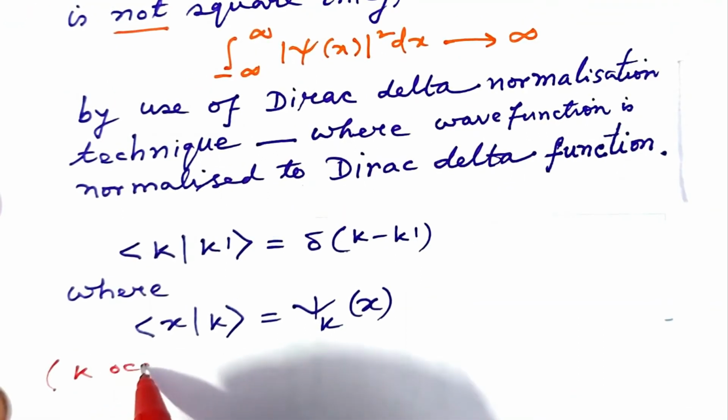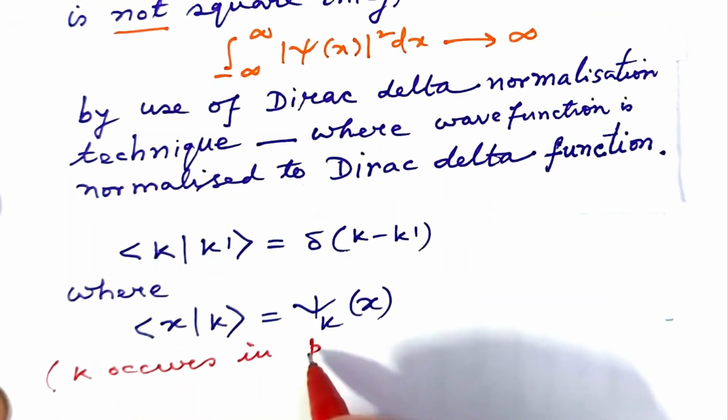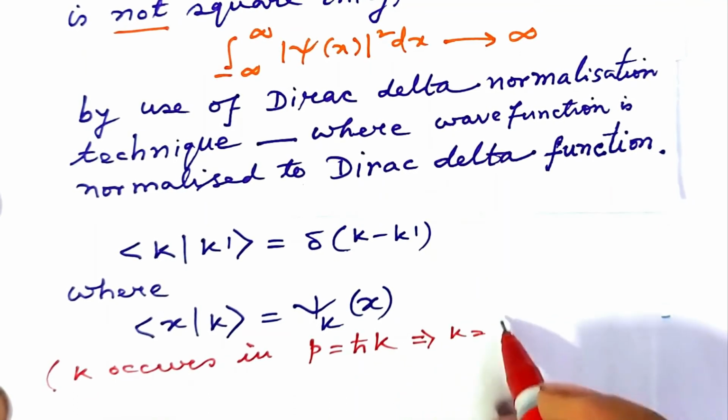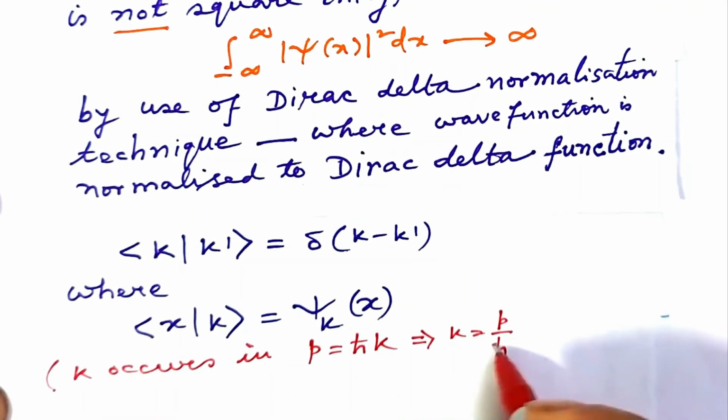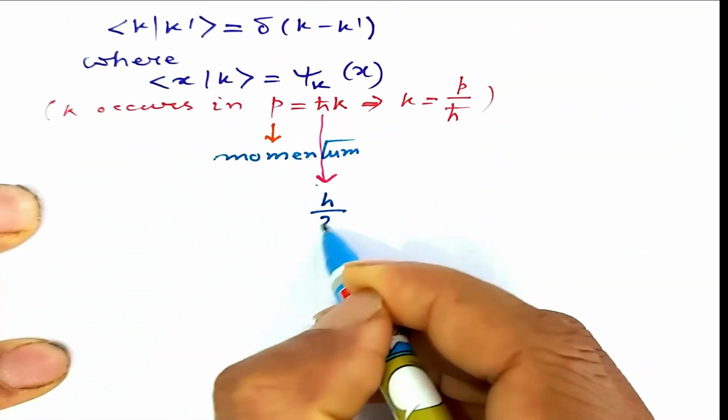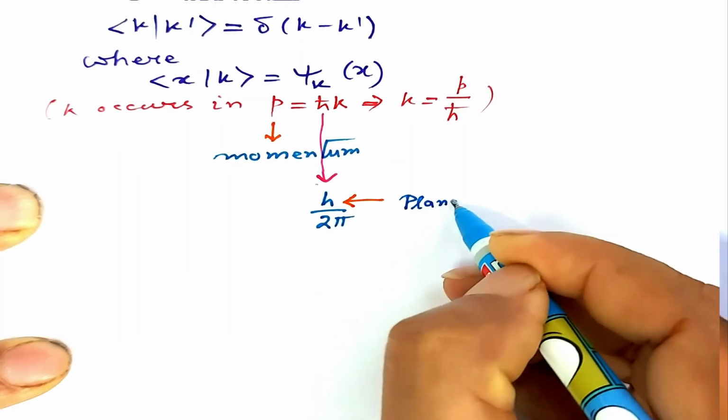What is k? k occurs in the famous relation p equal to h cross k, which leads to k equal to p by h cross. Here p is momentum, h cross is h by 2 pi and h is Planck's constant.